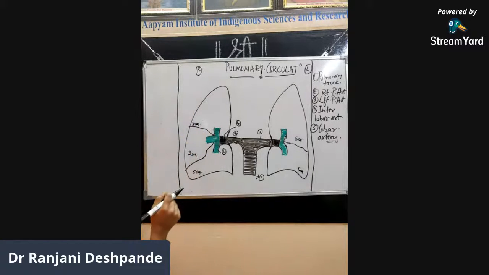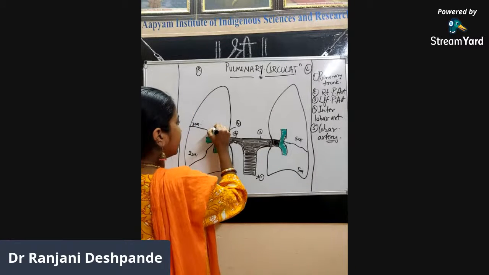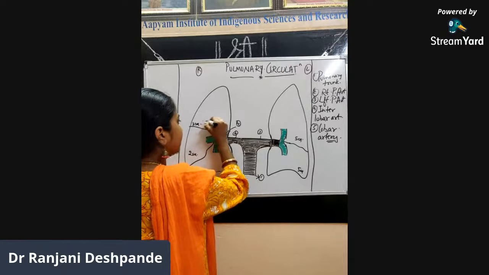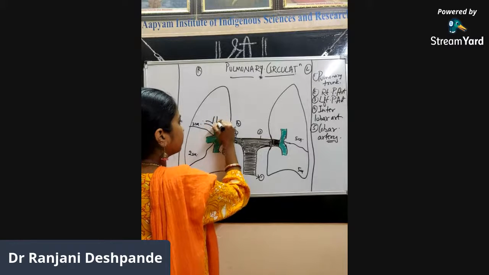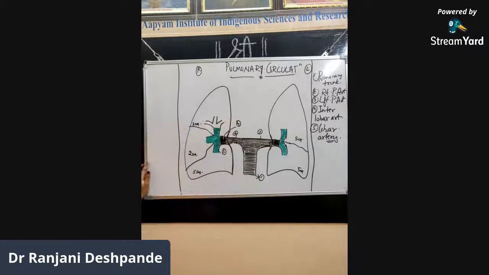So now we have the lobar artery. Now see, considering that it will give 3 segments, right? So now it has given 3 segments. So now we color this.